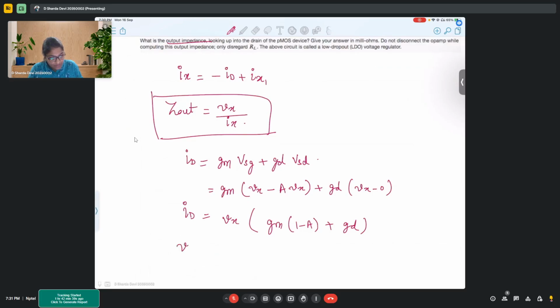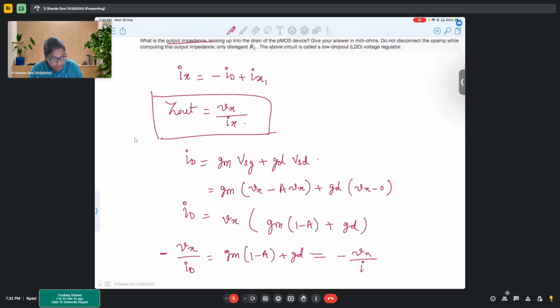So here you would get Vx upon ID, that is Gm1 minus A plus Gd, that is minus of Vx upon ID.